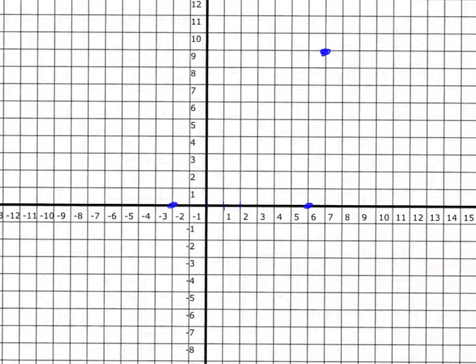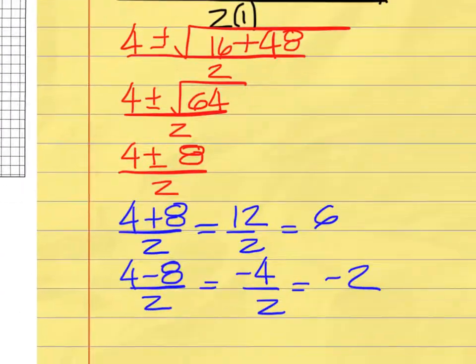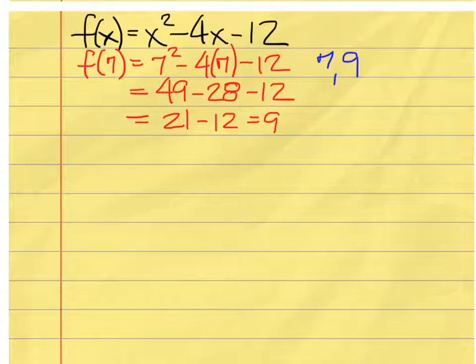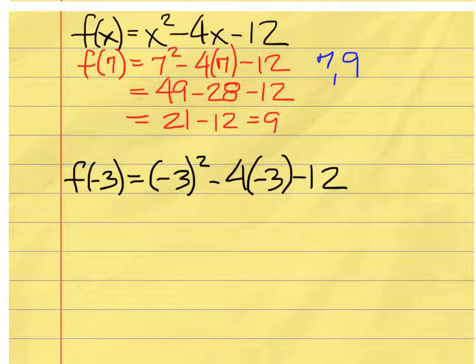If you go over here to the left of this point, you want to go just 1. We're at negative 2, so let's try negative 3 and see what we get back. So f of negative 3 is going to be the quantity negative 3 squared, minus 4 times negative 3, minus 12.